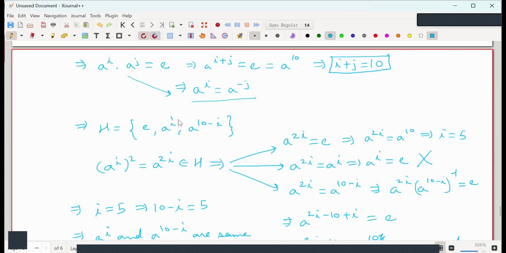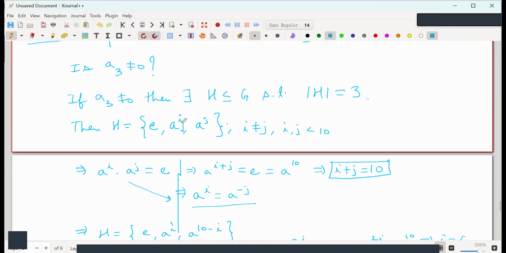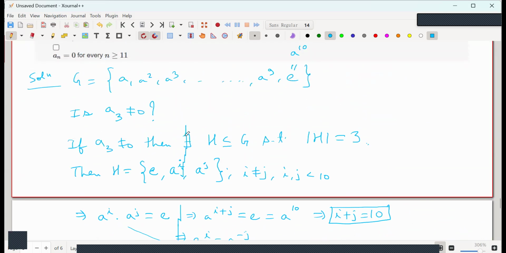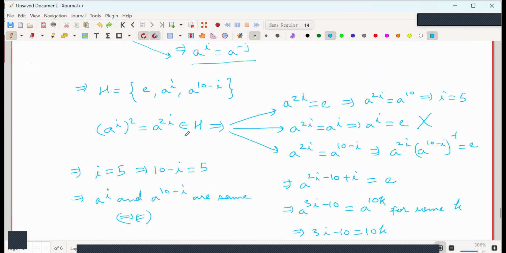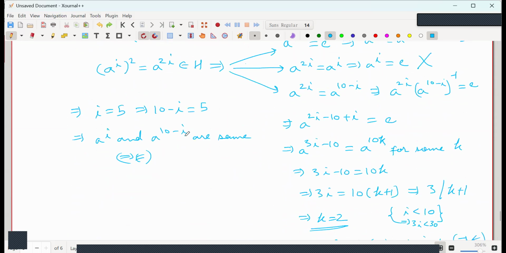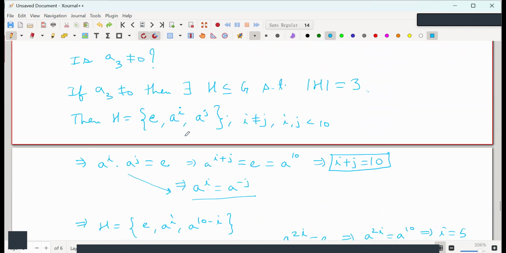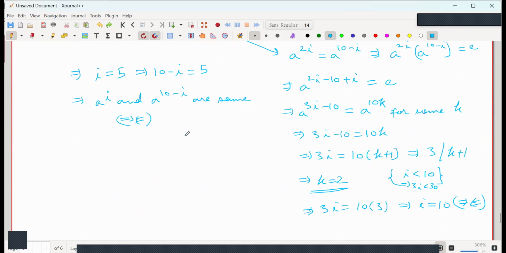It's just a set with 2 elements. So that's a contradiction. Okay. So there won't be any subgroup of size 3. So A3 has to be 0.